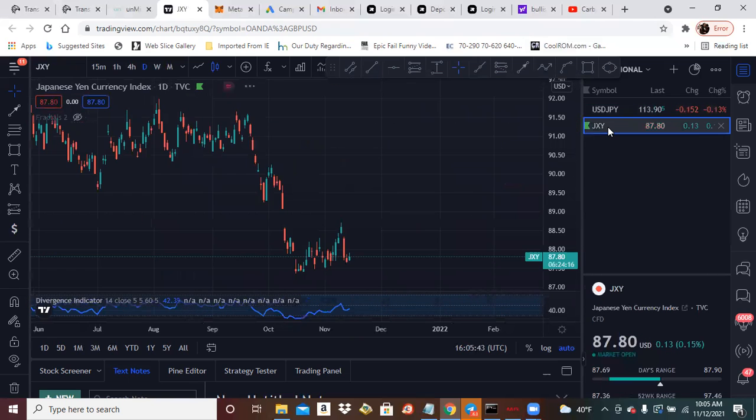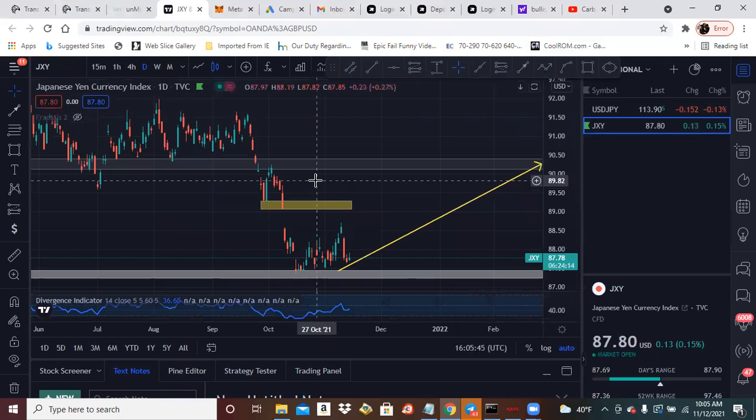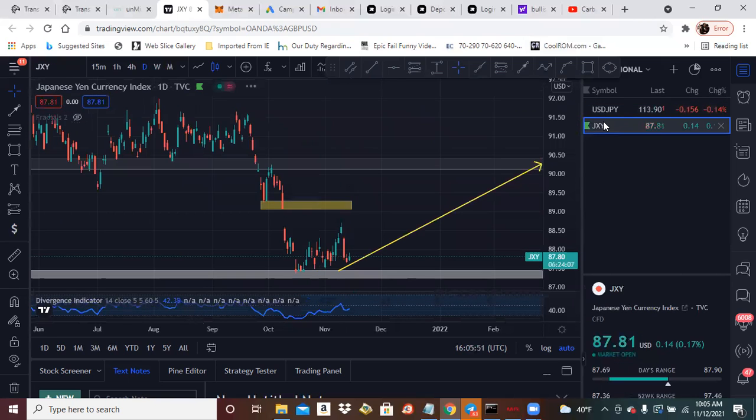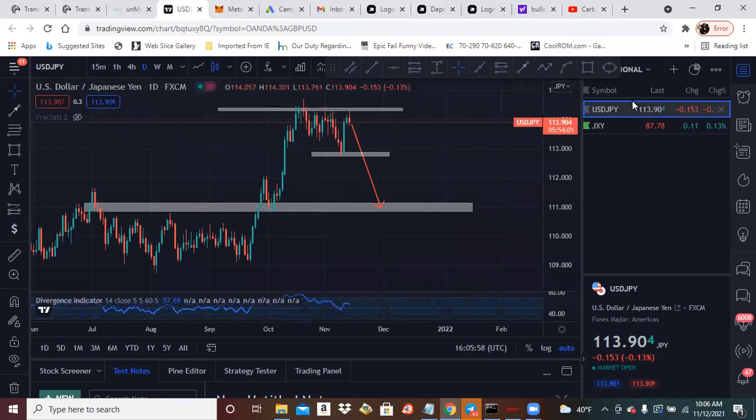Take a good look at it. As I said, trading is very mechanical. So this is 100%, guys. If JXY comes and retests this area, UJ is going to dump. Well, all of the Japan pairs will dump.